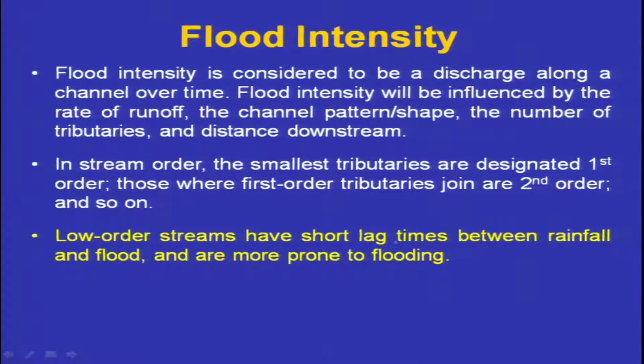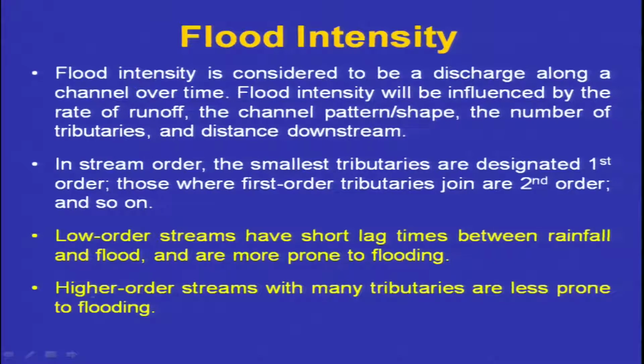So, they will have bank full flow very quickly after the rainfall started, and are more prone to flooding. If you have a large number of lower order streams, that is not good actually, whereas higher order streams with many tributaries are less prone to flooding. Okay. In general it has been understood that this will happen.